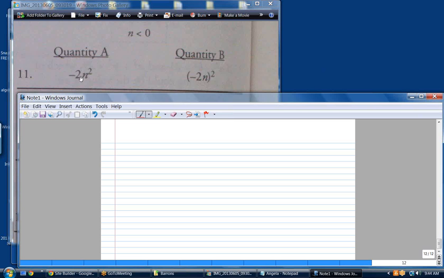Right. So 2 times n squared is going to be positive no matter what. Whether n is less than 0 or not, this will always be a negative number. This, on the other hand, the 2 exponent does affect the negative sign. So this will always be a positive number, regardless of n. So quantity B is larger than quantity A.